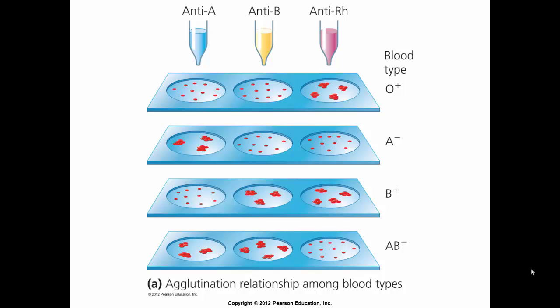And when anti-RH solution was added, clumping did not occur, which allowed this individual to be classified as blood type A negative, because clumping occurred under the anti-A, designating this individual as blood type A, and no clumping occurred under anti-RH, signifying this individual as RH negative.